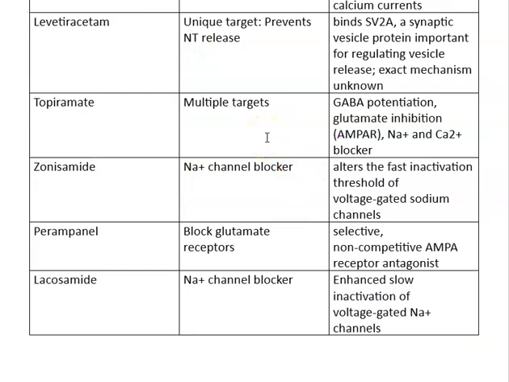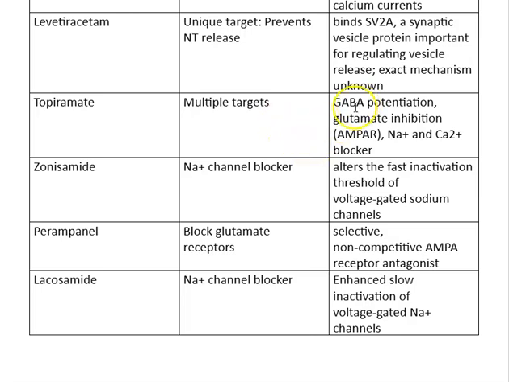And finishing up with our last four, topiramate, again like valproic acid or valproate, has multiple targets. One little mnemonic for that is that valproate and topiramate are the only ones that end in ATE, and those are the ones that both have multiple targets. Some of the others have two targets, but only a few of them.